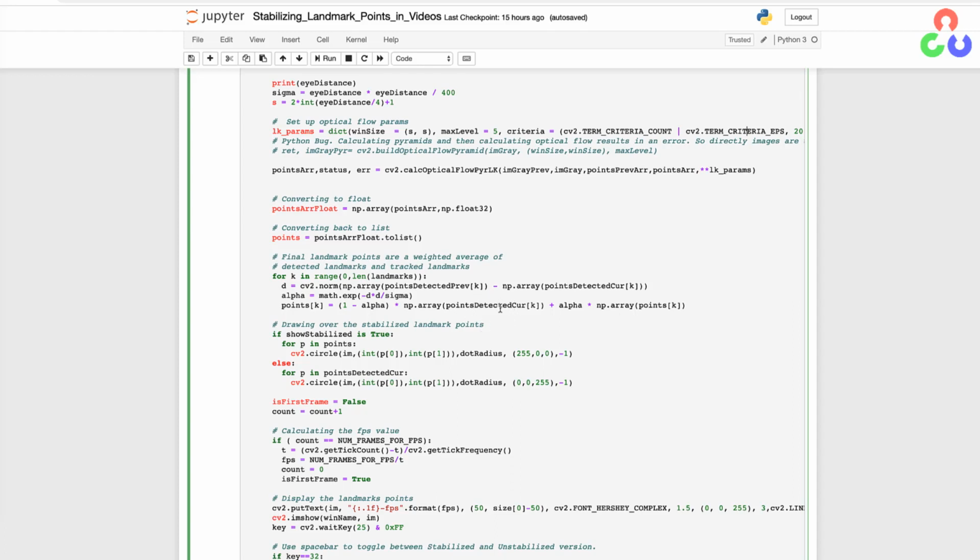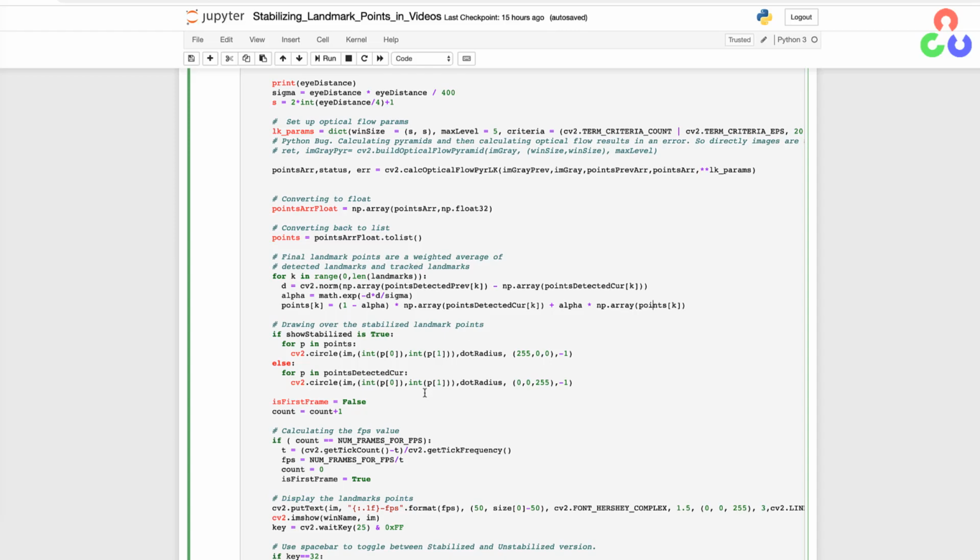So these are the points that were detected by the landmark detector, and these were the points that were estimated using optical flow. And based on alpha, we are combining the two. Again, when the alpha is small, it means that the points are moving a lot. In that case, the detector results will be better, and optical flow results are better when alpha is high. And alpha is high when the distance is small.